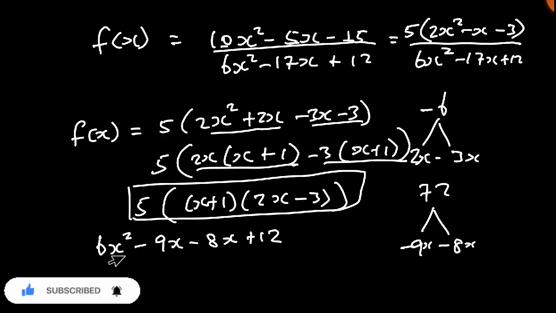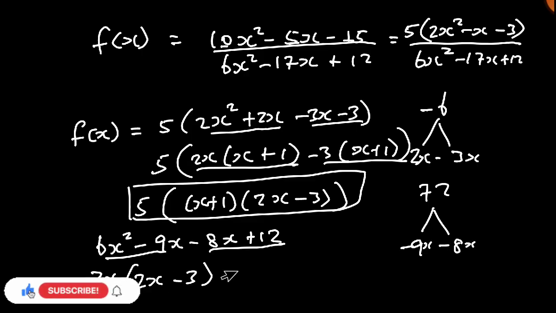Now let's factor. Between 6x squared and negative 9x, something is common. 3x is common here. 6x squared divided by 3x is going to be equal to 2x, minus 9x divided by 3x is equal to 3. And then you have negative. What is common here is, right, 4 is common.